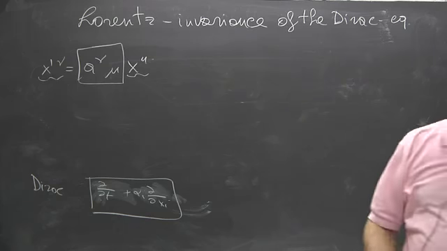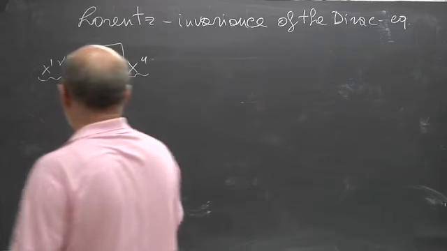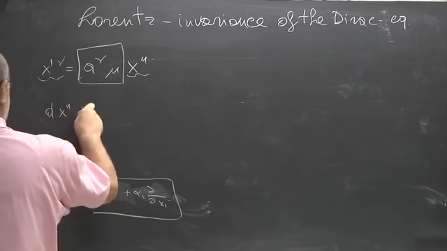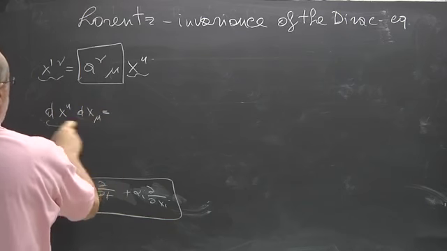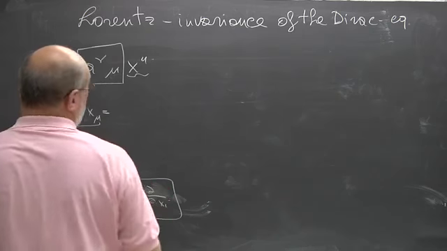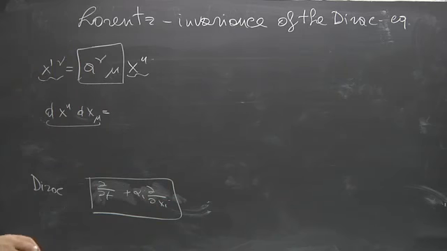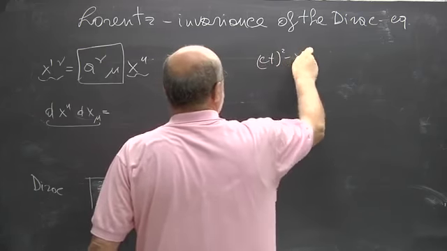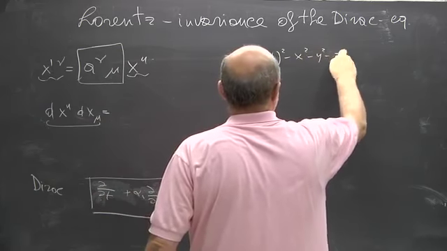Now, if we take an infinitesimal distance like dx^mu, we know that it is invariant under Lorentz transformation, because the Lorentz transformation is nothing else than a generalization of the rotation in 4 dimensions, but what it keeps invariant is this strange object with the minus sign.